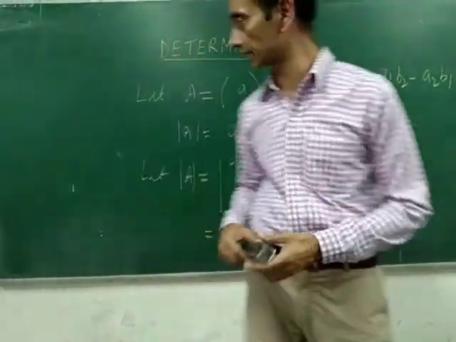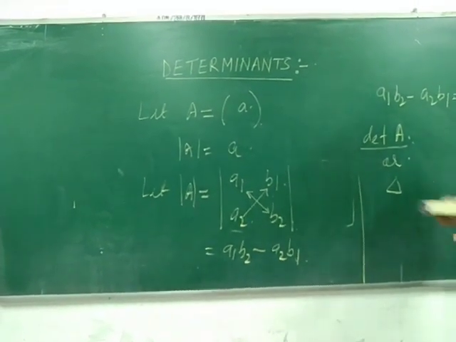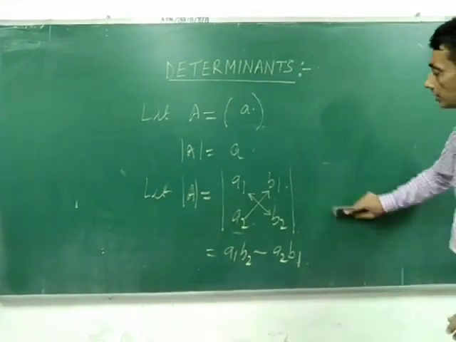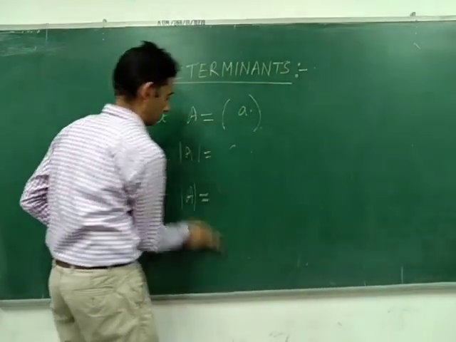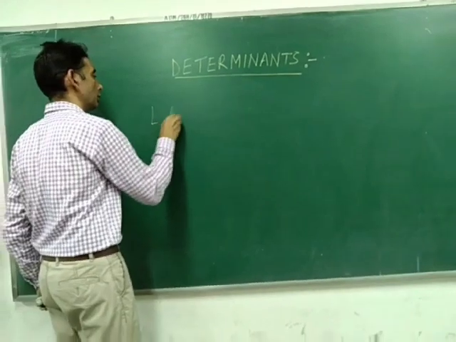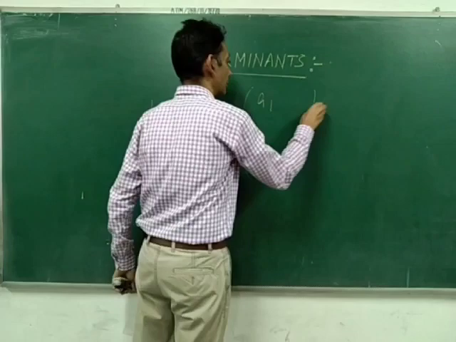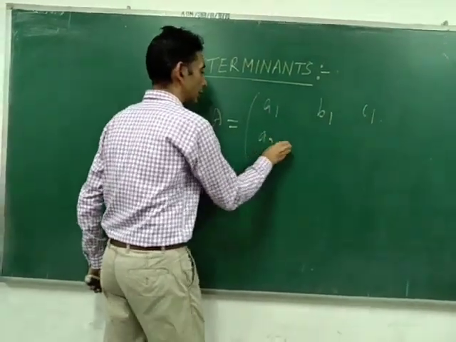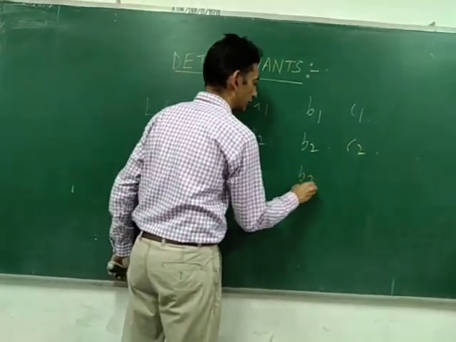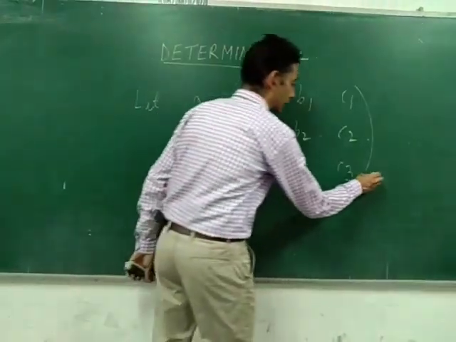Next, we are going to discuss how to expand a determinant of order 3. For that, we take a determinant of third order. Let A be the matrix a1, b1, c1, a2, b2, c2, a3, b3, c3, a matrix of order 3 by 3.